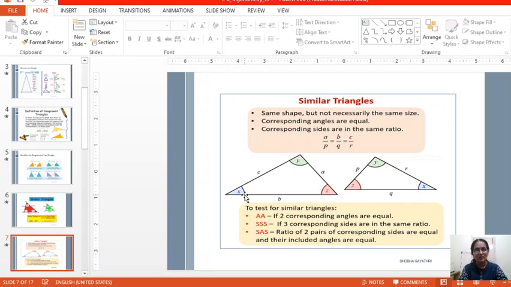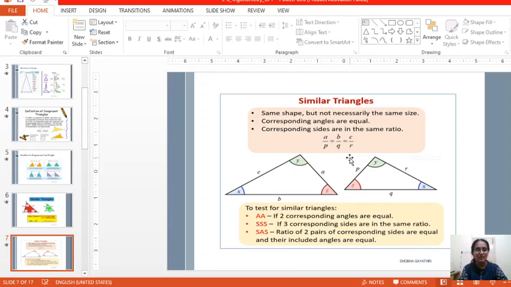Here, the opposite side of angle X is A, and the opposite side of angle X in the second triangle is P. A by P is equal to B by Q. B is the opposite side of angle Y, and Q is the opposite side of angle Y in the second triangle.